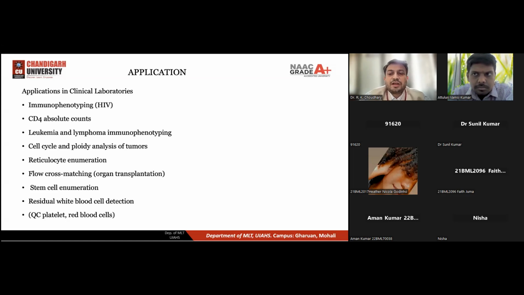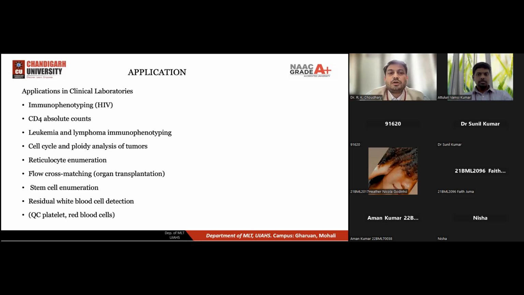So markers, basically any type of markers, how we identify the stem cell, how we identify the progenitor cells. Stem cells have only the markers you can identify. So we have more than 350 CD markers, cluster of differentiation.